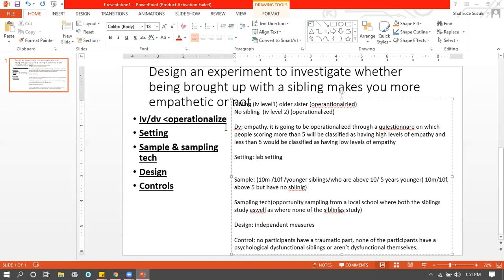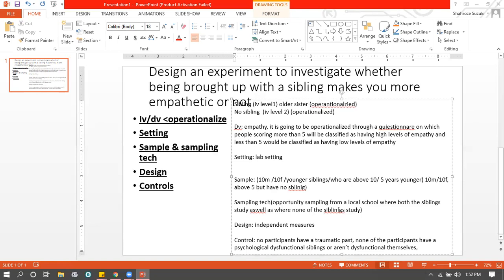based on that, I'm going to ask you this. You said that there's going to be 10 people who have an older brother, 10 people who have an older sister, right? Now, my question would be, what is going to be the gender of the participants?